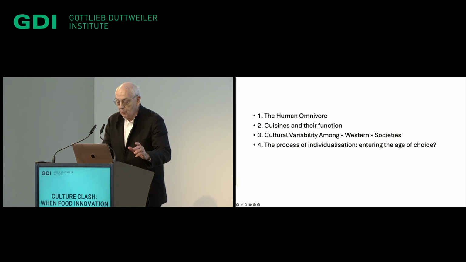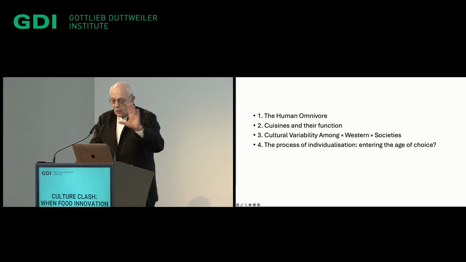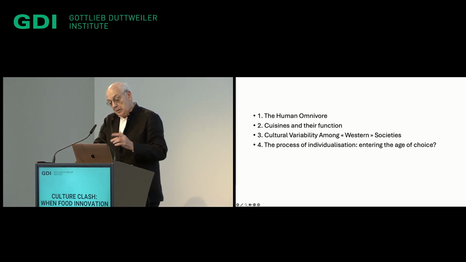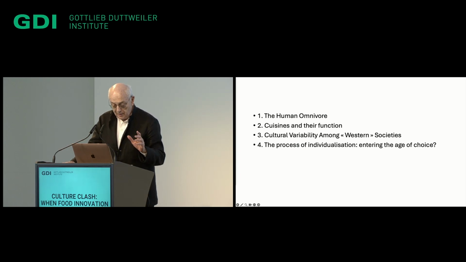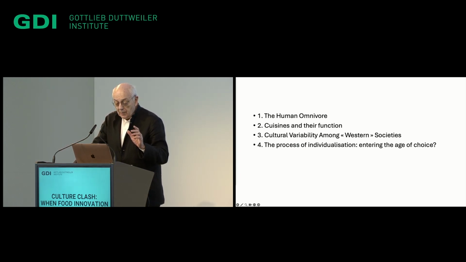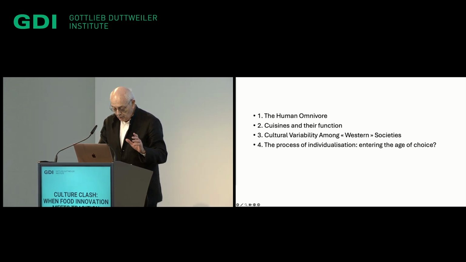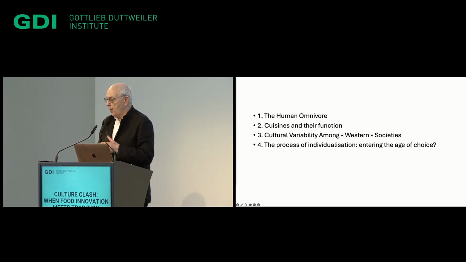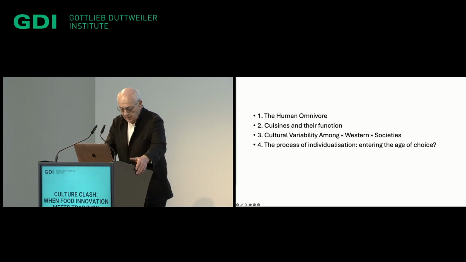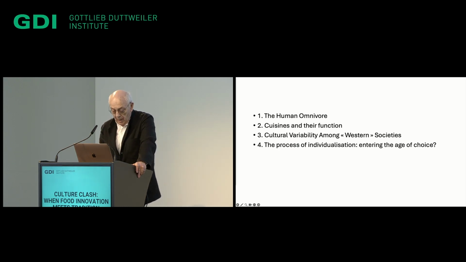So what I want to do is put all this in perspective in a very little time, but the first point is I want to tell you about the human omnivore. Being an omnivore, what's the hardware doing that changes or influences the software and vice versa? And I want to talk about cuisines and what is their function relating to omnivorousness.